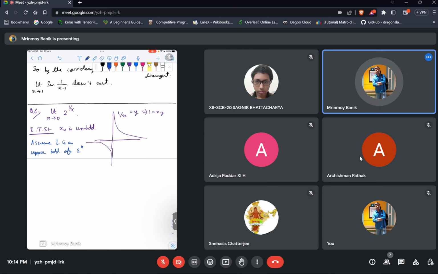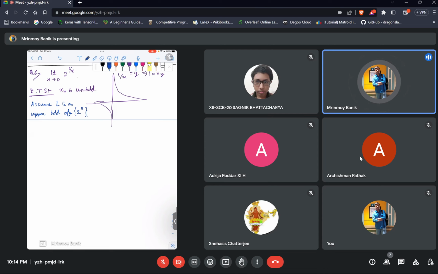Which is basically equal to n, which is also tending towards infinity. So we can take a subsequence of 1 by x, which is 1, 2, 3, 4. So it's enough to show 2 power n is unbounded.